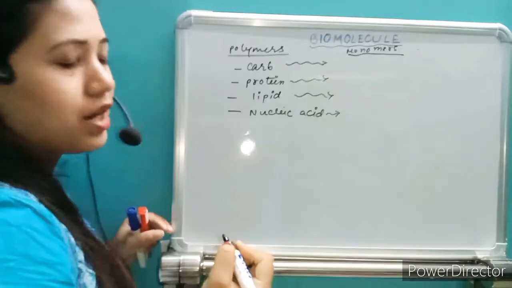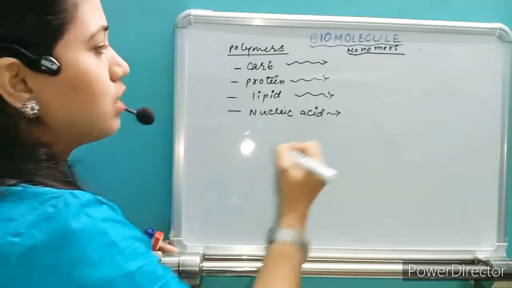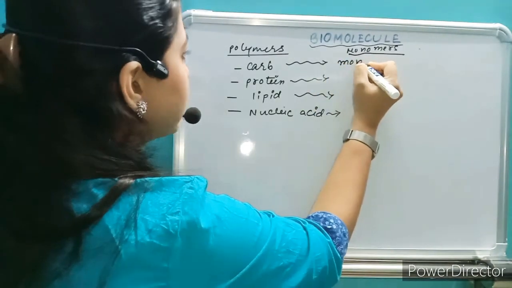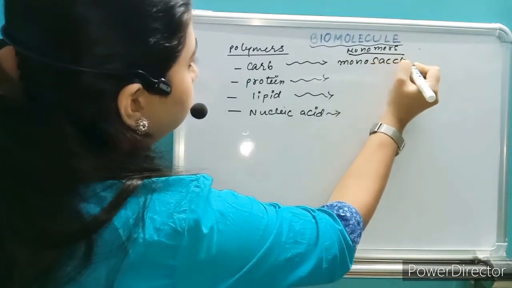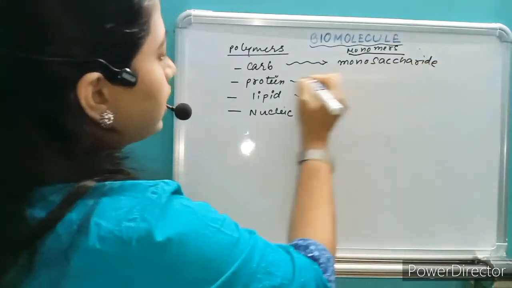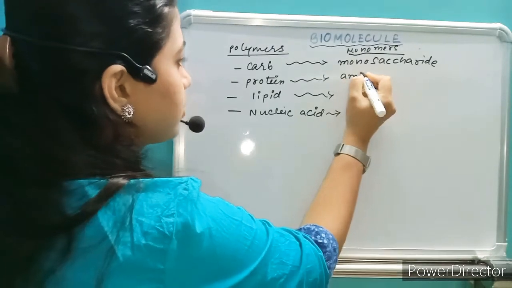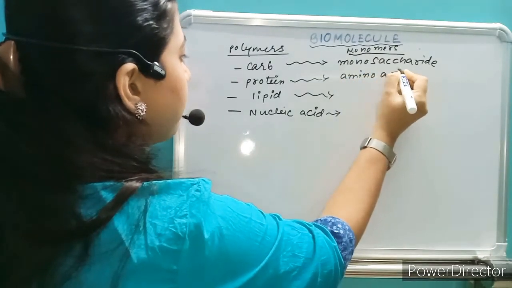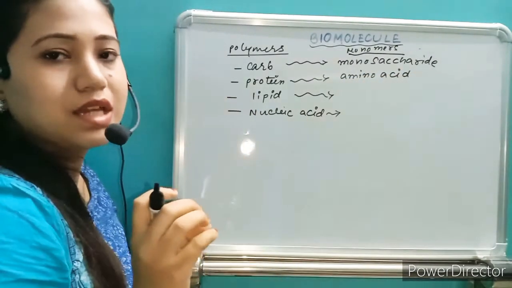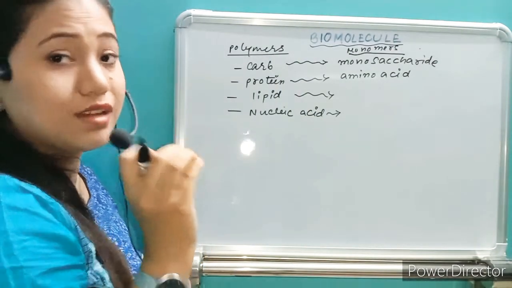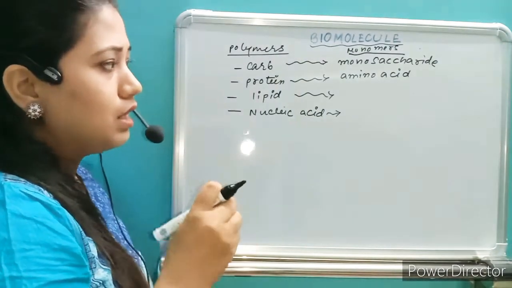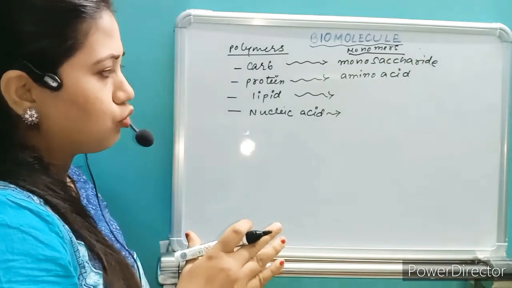The carbohydrate's monomer is the monosaccharide. Second, the protein has its monomer, that is amino acid. The lipid is found as a unit itself, but lipid doesn't have any type of monomers.